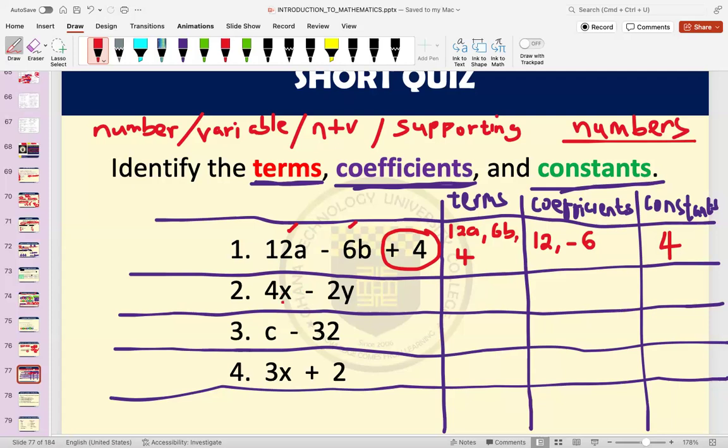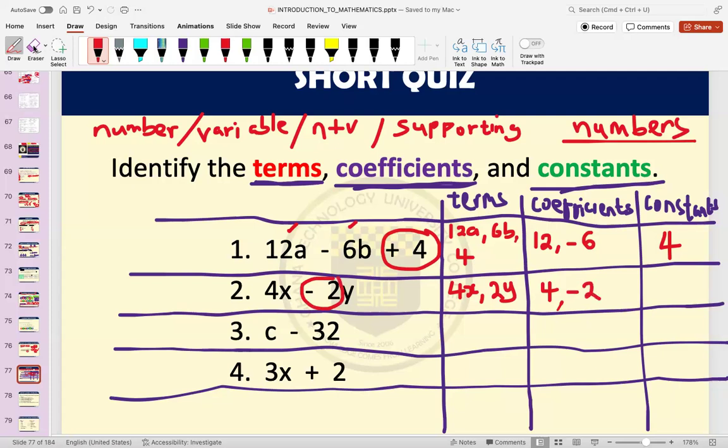And then we come to the second one. Our terms are 4x, it's a term by definition, and then 2y is also a term. And then we look at the coefficients. The first coefficient is 4. The second coefficient is negative 2.